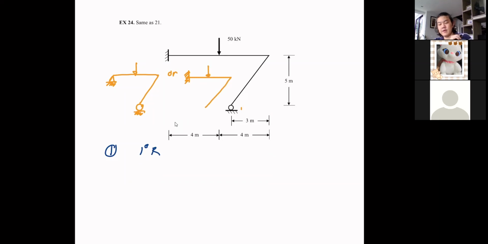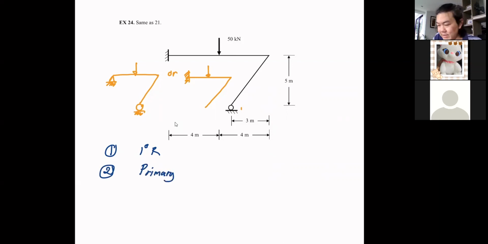So either way should give you the same result in the end. I don't think any choice will be much more difficult than the other. So it's up to your preference. Okay, so let's say that's step number one. We determine the degree of redundancy, and therefore step number two, we are going to create our primary structure.